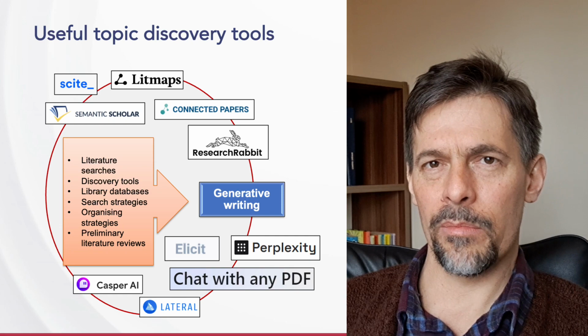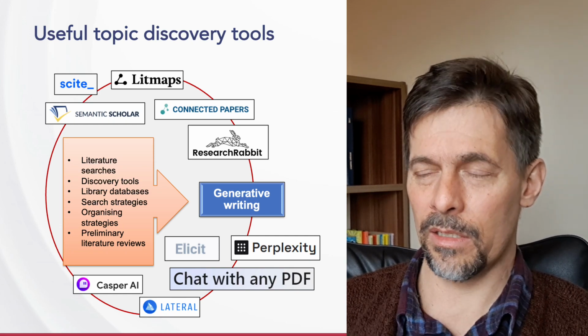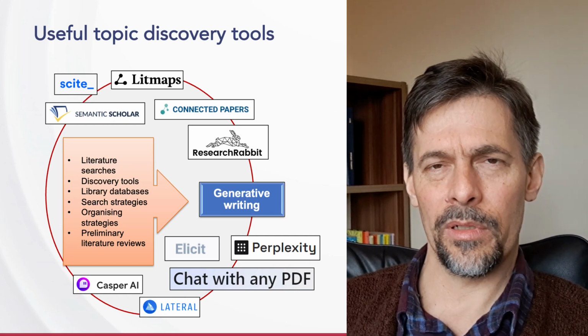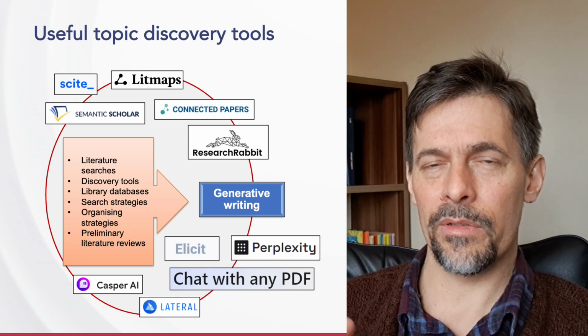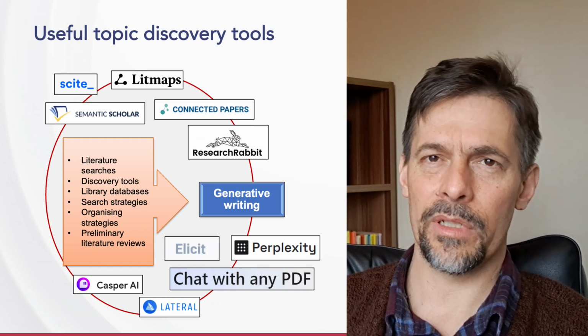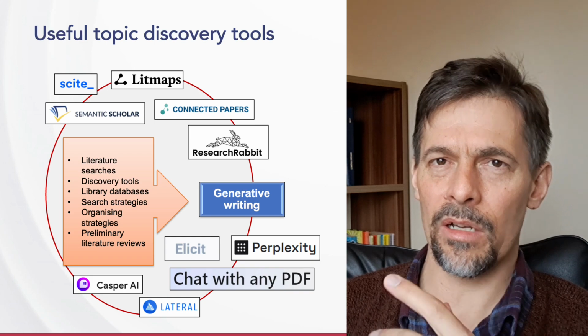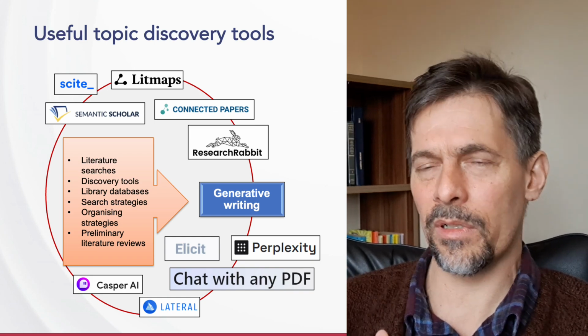Those tools can be useful to summarize literature. Elicit, for example, lets you upload, let's say, 5 or 10 PDFs, and you can ask it to summarize those PDFs in different columns.